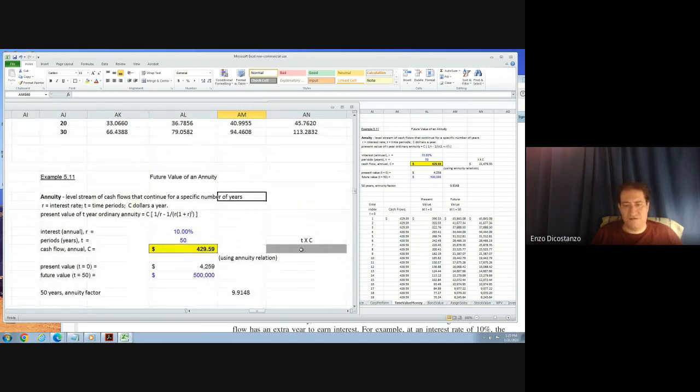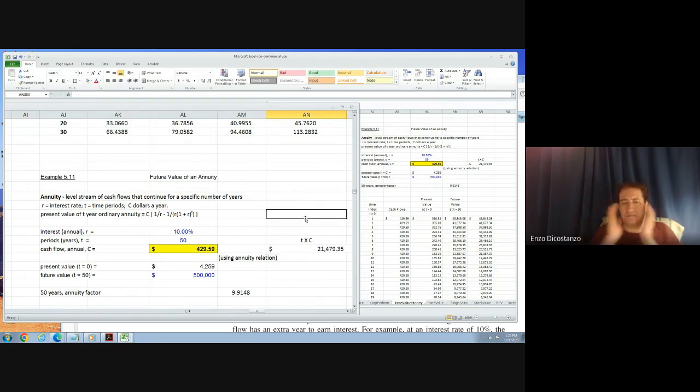This was equal to T. Well, here, let's do this. Product. If you just look at how many times you made those payments, just nominally, you made 21,000 worth of payments that grew to 500,000. And again, you have to explain this to people, right? You guys have to be able to explain this to people. So you always want to keep that in mind.